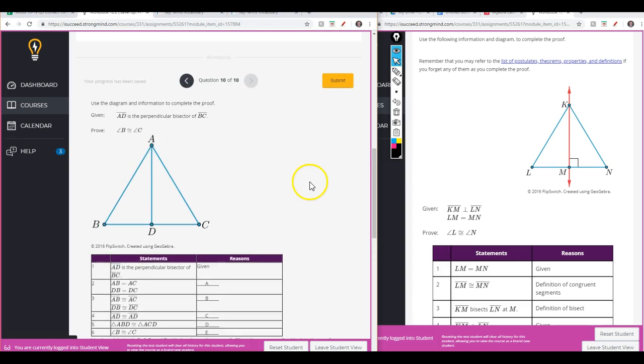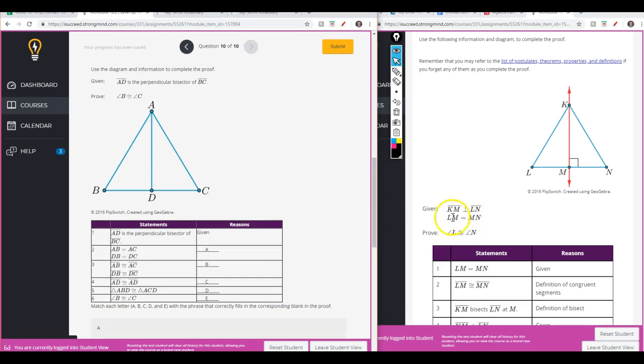So this one is pretty much the same setup, because KM is perpendicular to LN, so that's our perpendicular portion. KM is perpendicular to LN, and we had the LN right here.